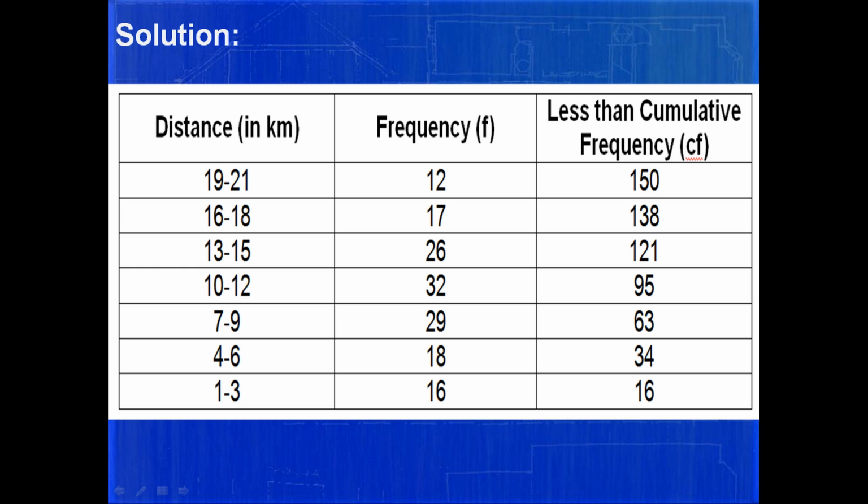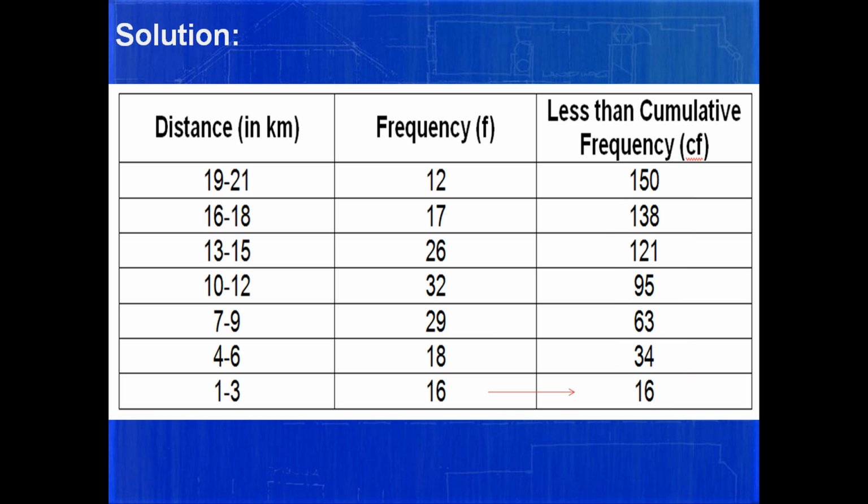Now, you're ready to tabulate your data provided that you already got the cumulative frequency. In getting the cumulative frequency, all you need to do is to add the frequencies from the nearest class interval to the greatest class interval.